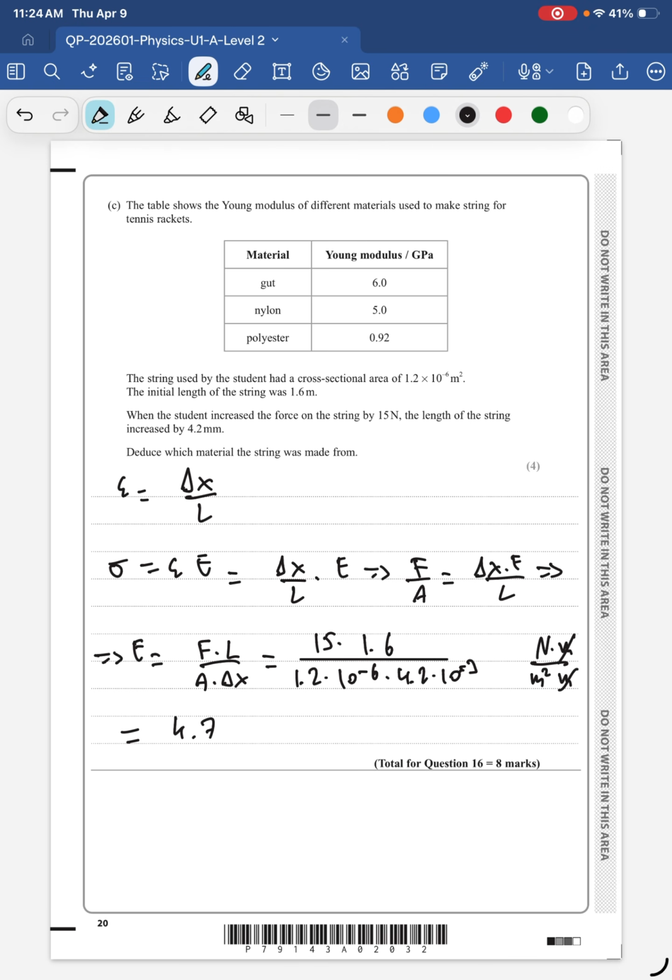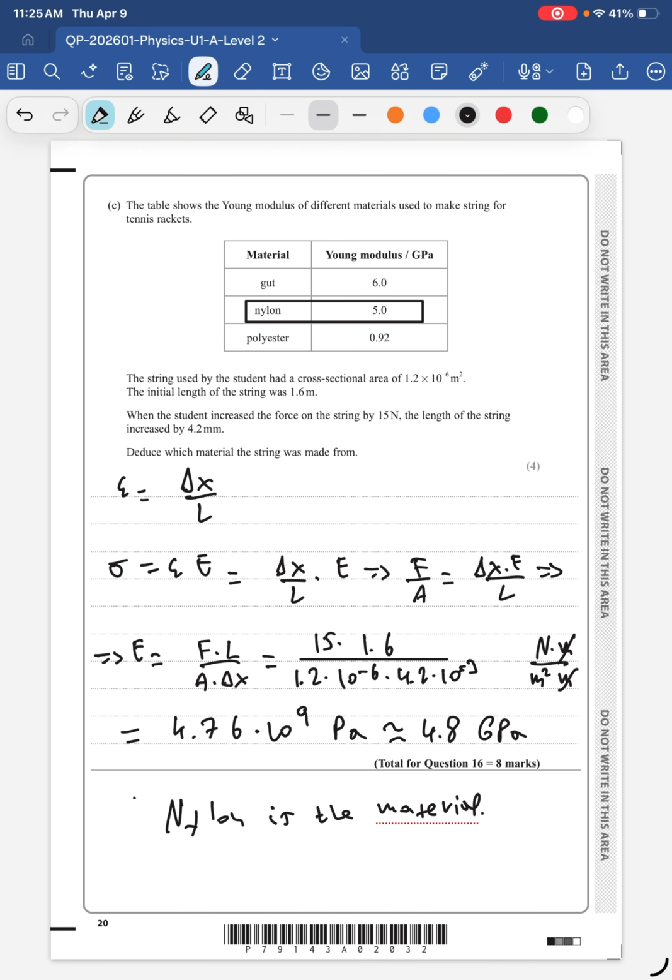So we find 4.76 times 10 to the 9 newtons over meter squared, that's pascals. So that's about 4.8 gigapascals. And from the table, we see that the closest is nylon, okay? So nylon is the material. All right, this was question 16.